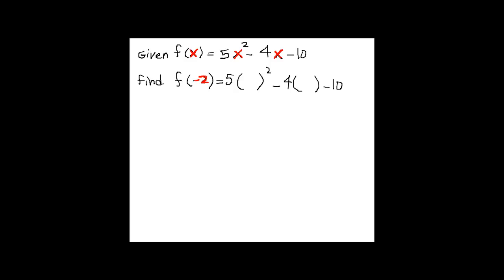Everywhere you see x, you're going to substitute minus 2, and follow the order of operations to evaluate that. The first part, we have minus 2 to the power of 2, which is minus 2 times minus 2, equal to 4.